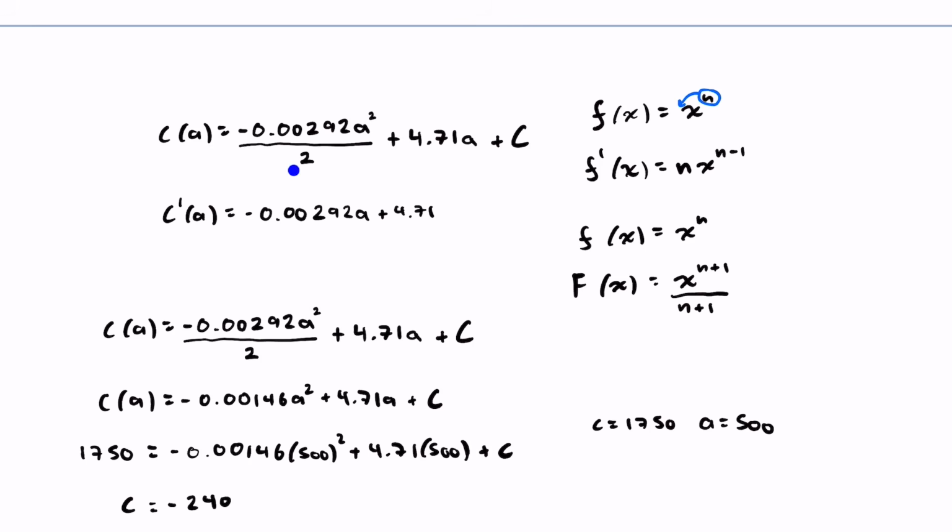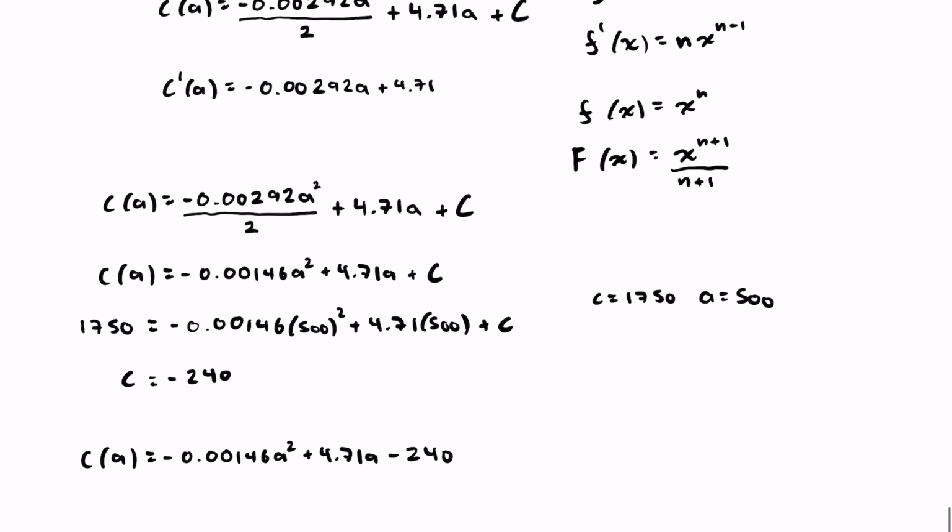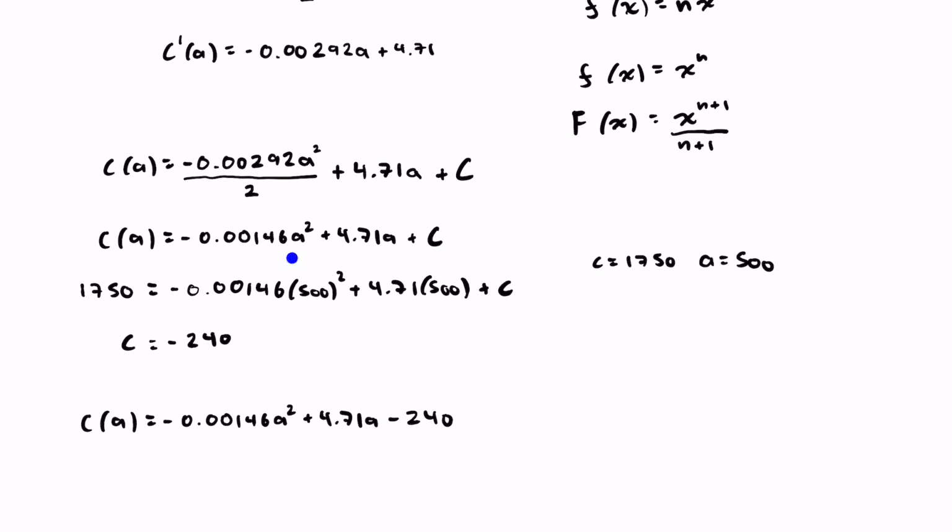Remember, constants fall away, and with the variable 4.71a, the variable falls away, leaving 4.71, and constants disappear. So we would need to add these back if we're to reverse the process. We now have a situation where we have 3 unknowns. They gave us a point on this function. We can use that to find c, and then there's our cost function.